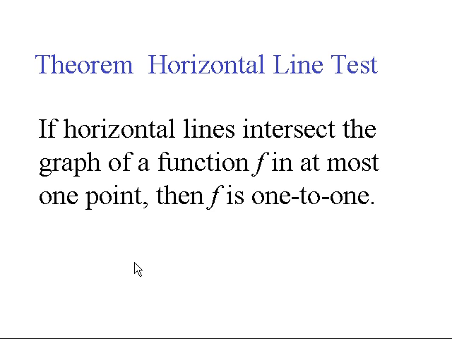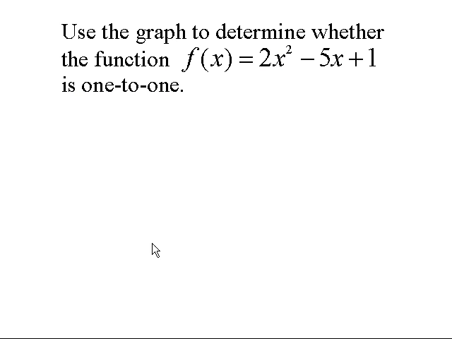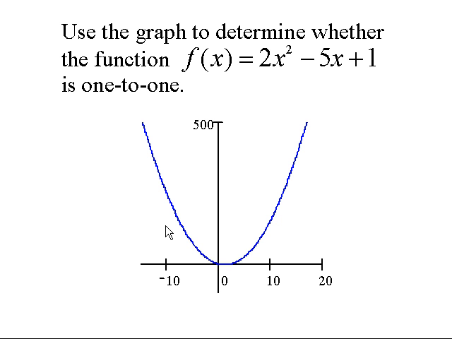You could apply that. Here's an example of a function, f of x equals 2x squared minus 5x plus 1. That's a parabola. If you graph it, you can notice that there are lots of ways to draw horizontal lines that would cross the graph at two places. Here's one. It crosses to the left of the y-axis and to the right of the y-axis. This is enough to say that it's not a one-to-one function.